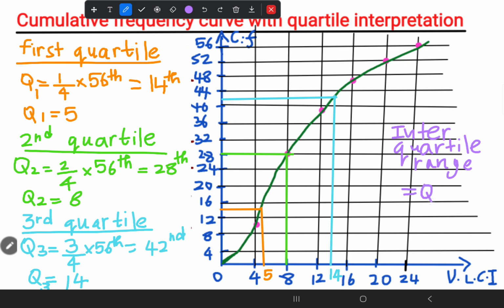From Q3, you should subtract the lowest value Q1. Q3 is 14 minus Q1 is 5. After subtraction, you will have 9. This would be the correct answer for your interquartile range. That's all about this cumulative frequency curve and quartile interpretation.